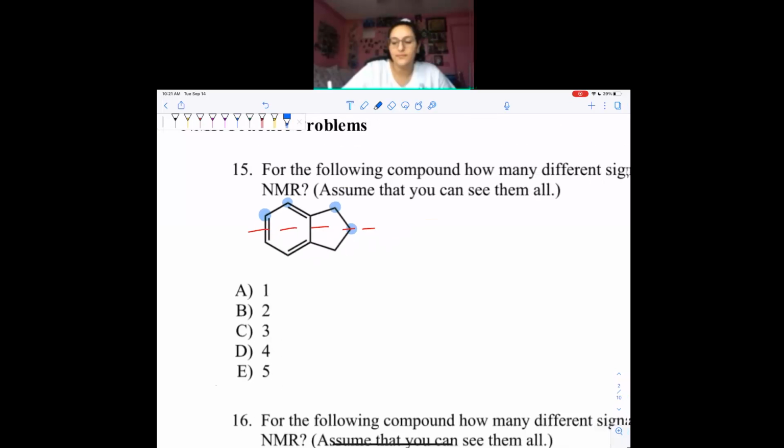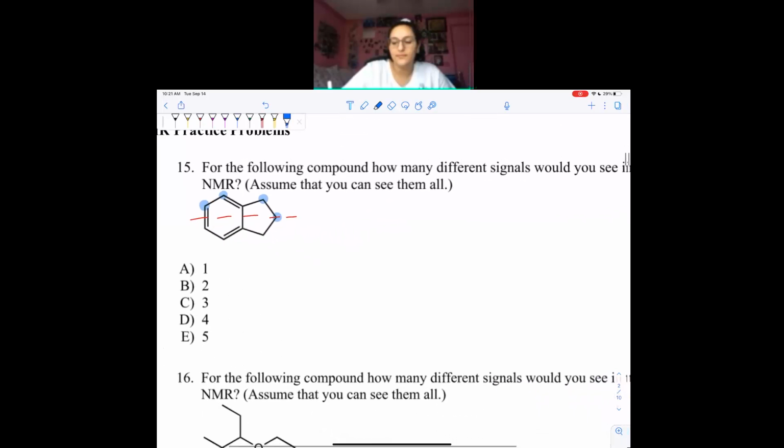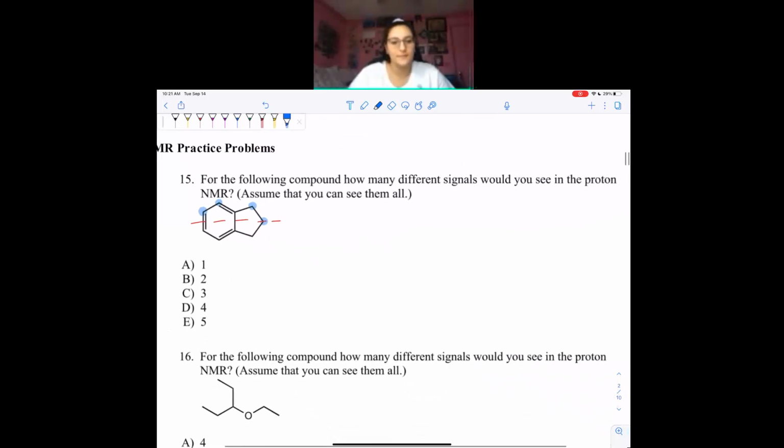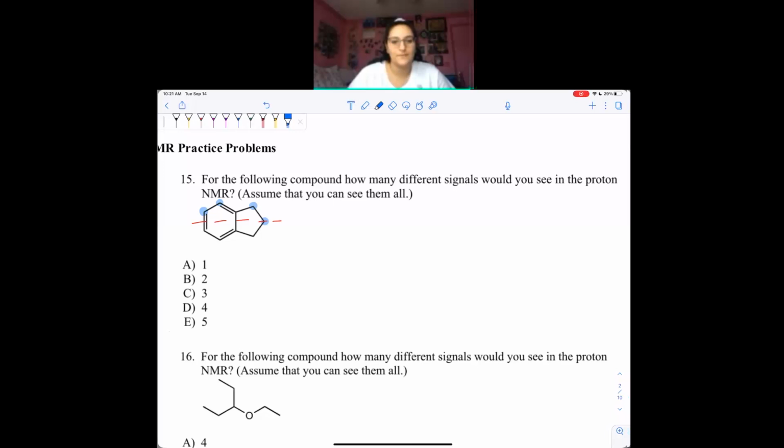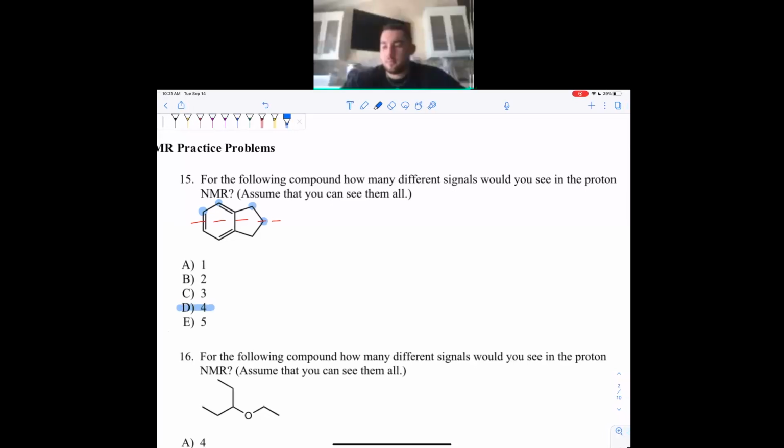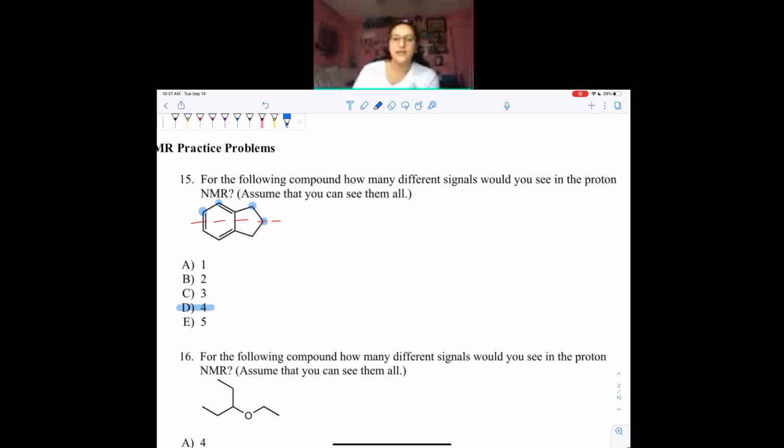So, altogether, how many proton signals do we see? 4. Cool. Pretty straightforward. You just have to remember symmetry, and you have to remember that hydrogen does not exist here because you only have 4 bonds.